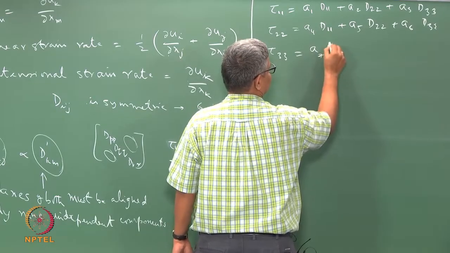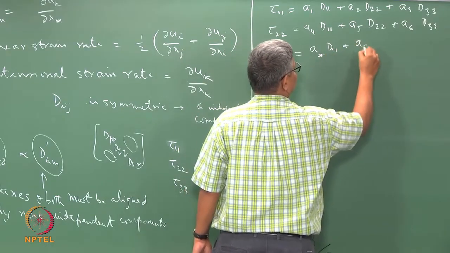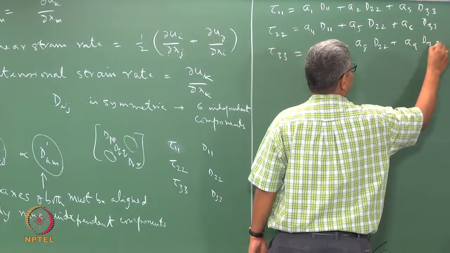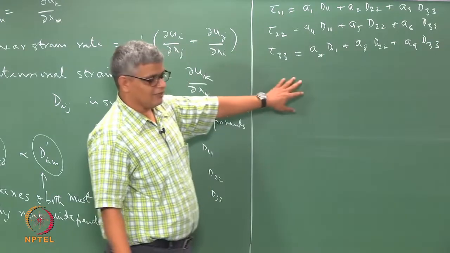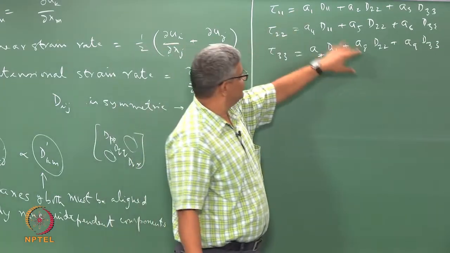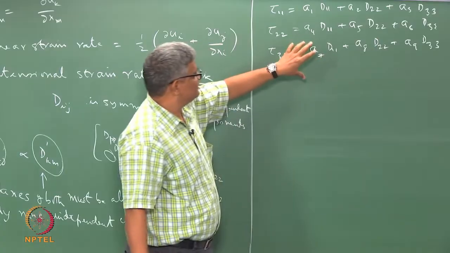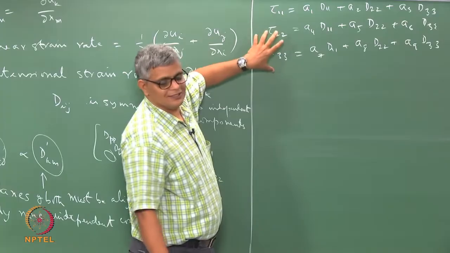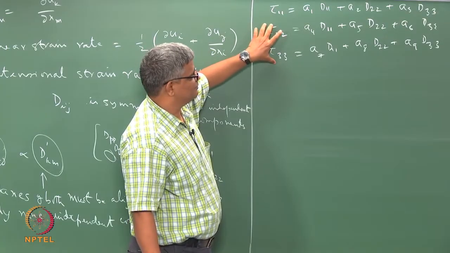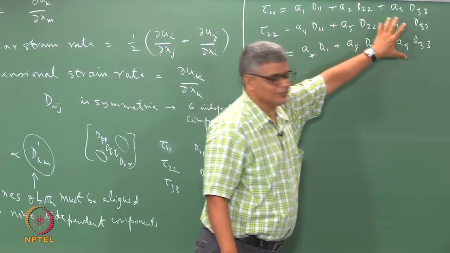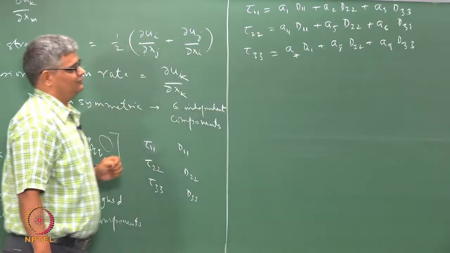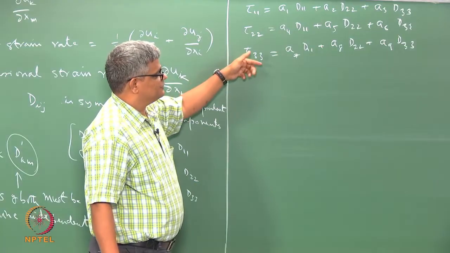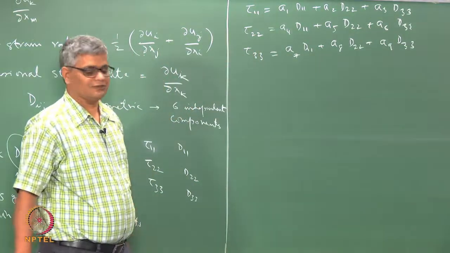So, you have a7 d11 plus a8 d22 plus a9 d33. So, here we have 9 constants a1 to a9 which define a general linear relation between the 3 rotated stress components and the 3 deformation strain rate components. Okay. So, now these you cannot reduce further without assumptions.